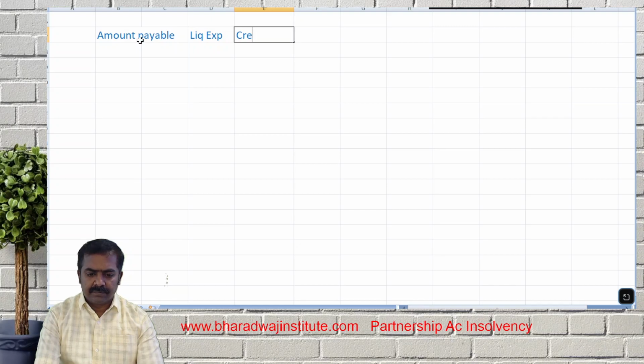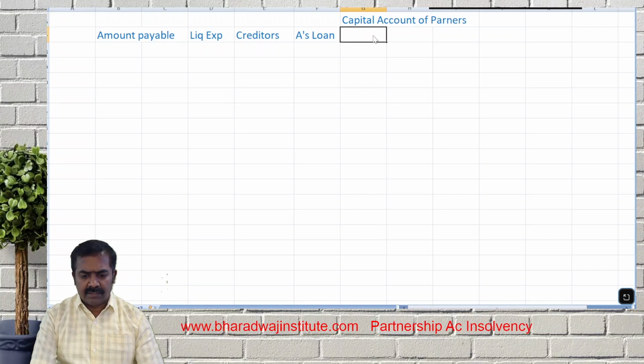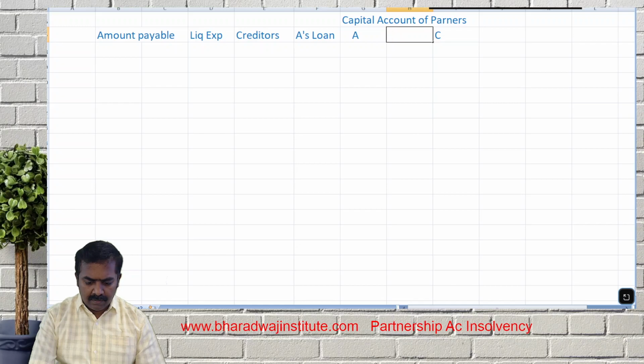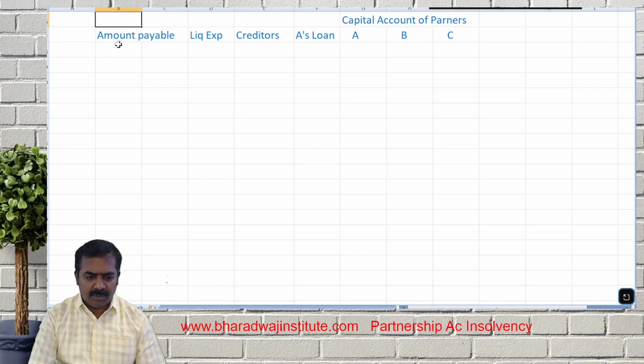Then in this problem, creditors, then A's loan, then capital accounts of partners A, B, C. Don't copy this. I'll give you sufficient time, really sufficient time to copy.